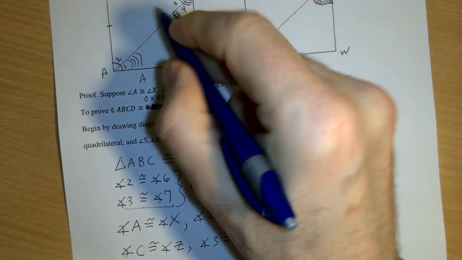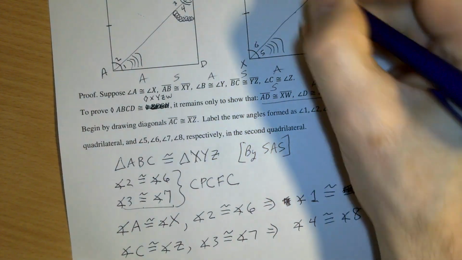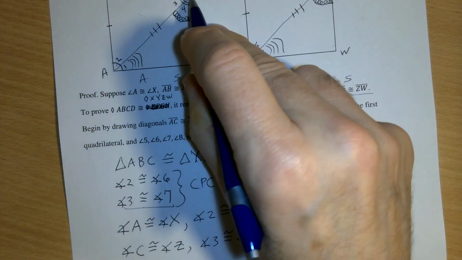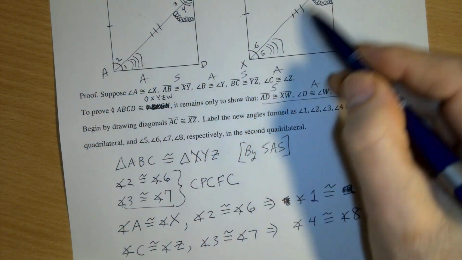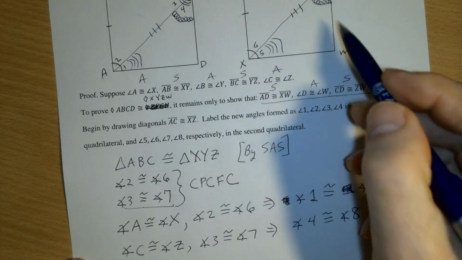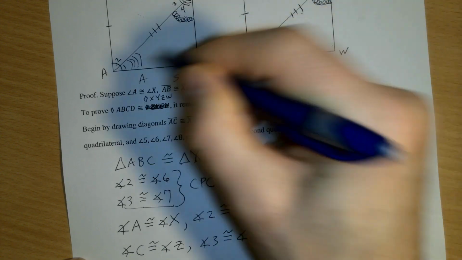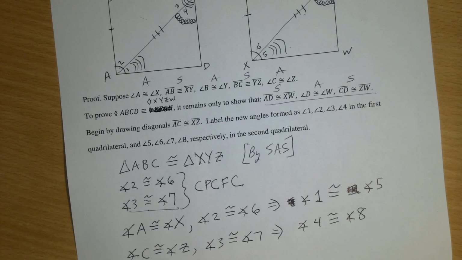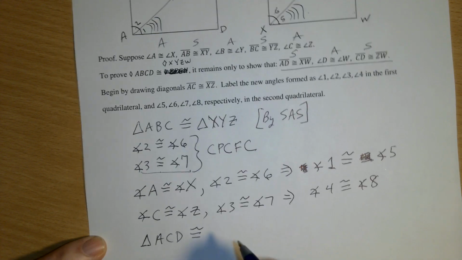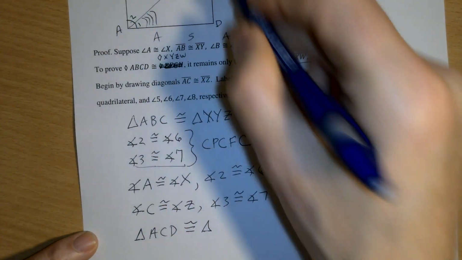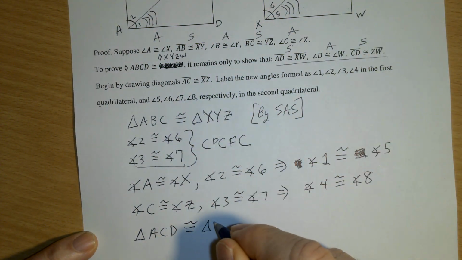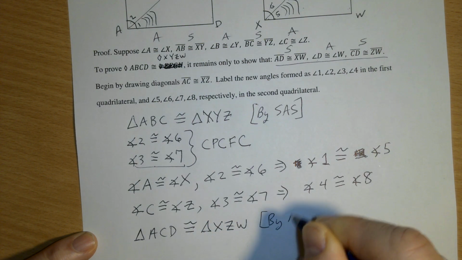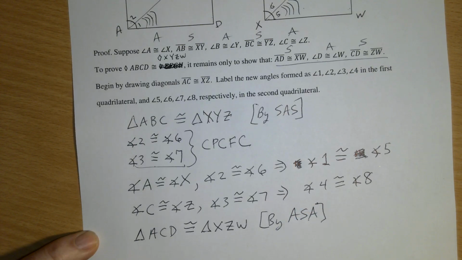Since this triangle and this triangle are congruent, we know that by corresponding parts, AC is congruent to XZ. And so I can say now by angle side angle, that triangle ACD is congruent to triangle XZW. By angle, side, angle.